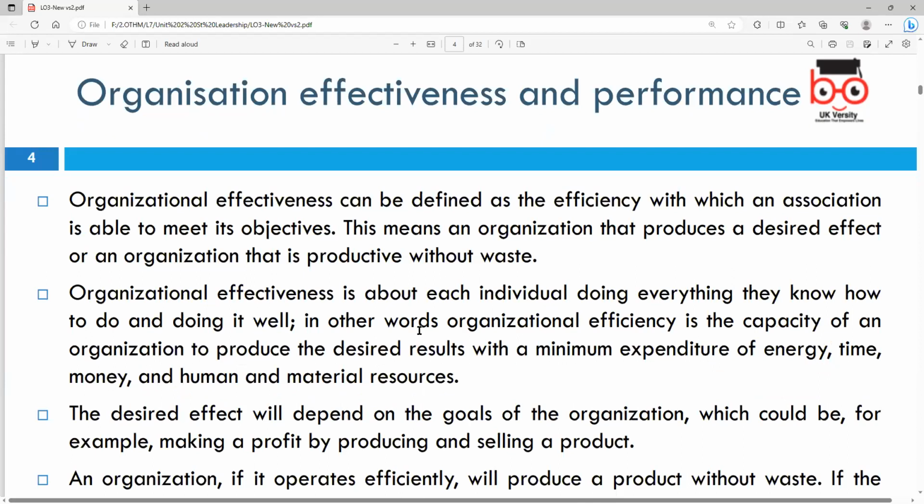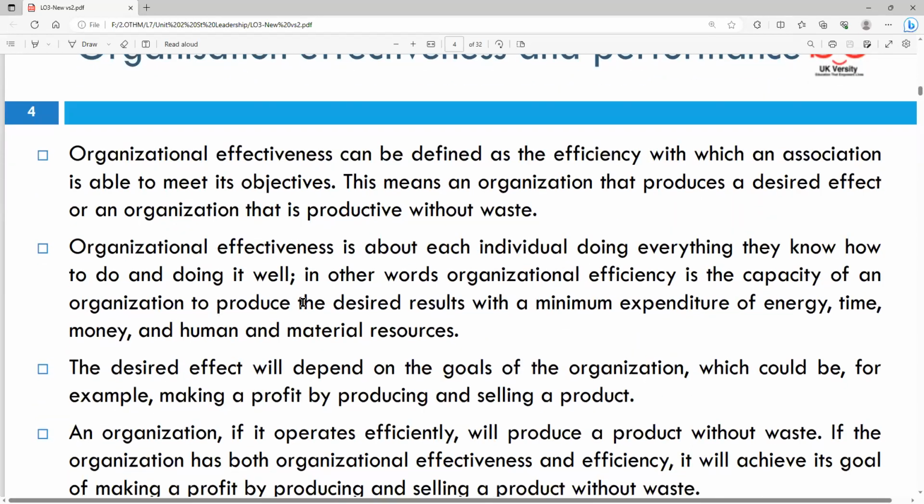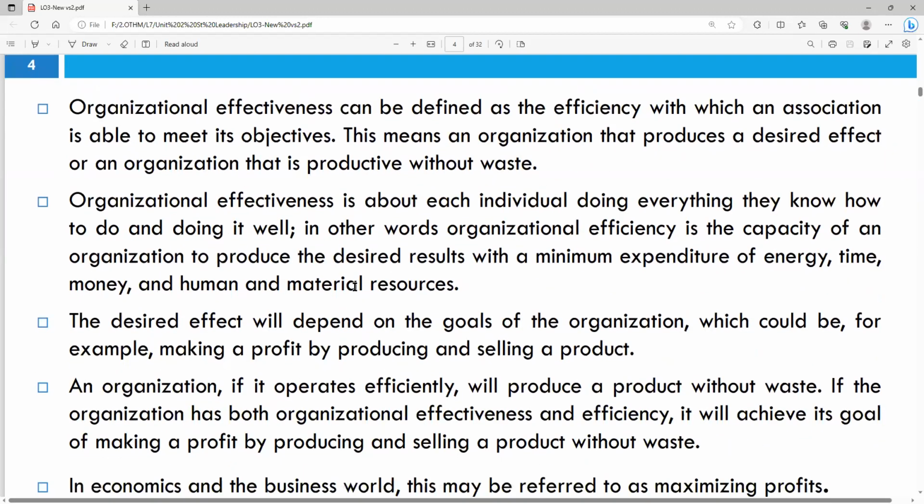When we're talking about organizational effectiveness and performance, we mean how organizations can produce a particular product or effect without wastage. So we mean a product is produced without waste, the desire to produce results with a minimum expenditure of energy, time, money, materials, costs, and so on.